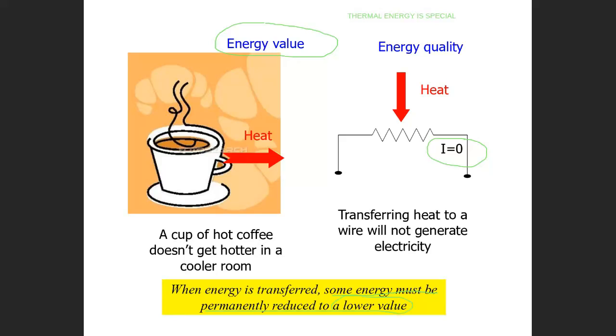For example, in forward heat engine power plants, we use a hot working fluid to produce work. Then it always needs to reject some heat at a lower temperature. The same is true if we want thermal energy to generate electricity: some energy will always be reduced to a lower temperature value.